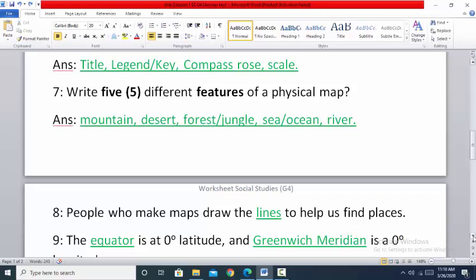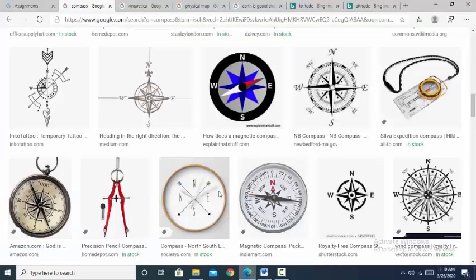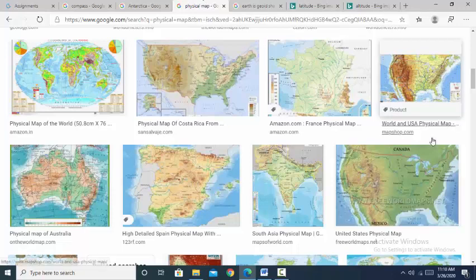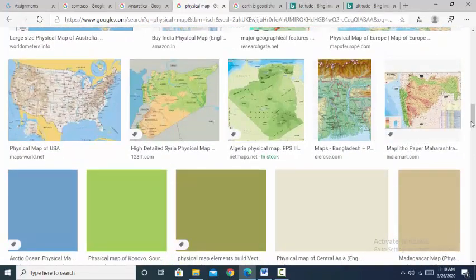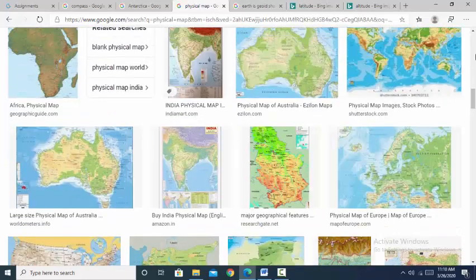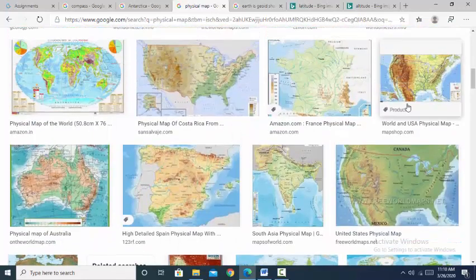So if you check the physical map, you can see the highlighted mountain, desert, forest, jungle, sea, ocean, and the rivers. Where can you find these? On the physical map, which highlights the different parts of the world, especially the ones that are so crucial, like mountains, seas, rivers, etc.